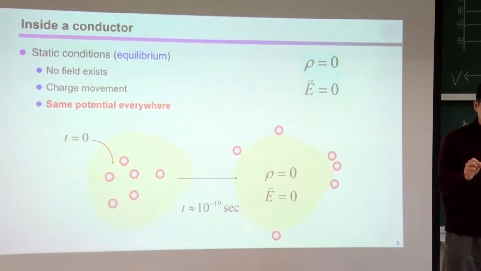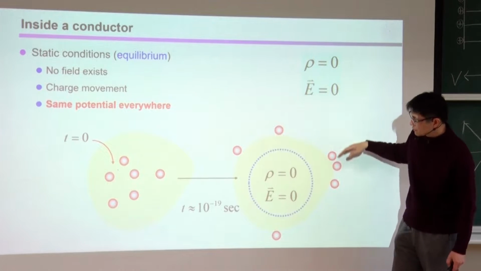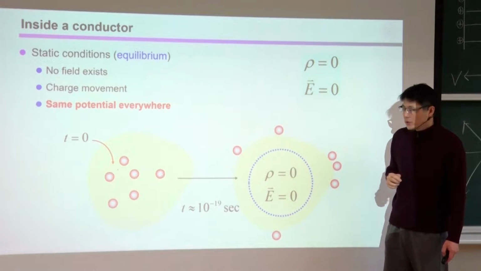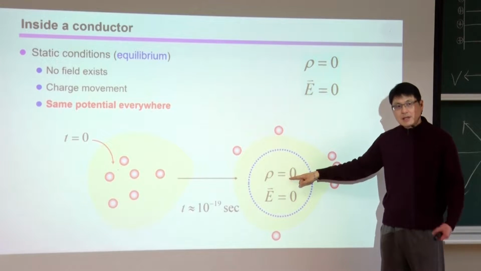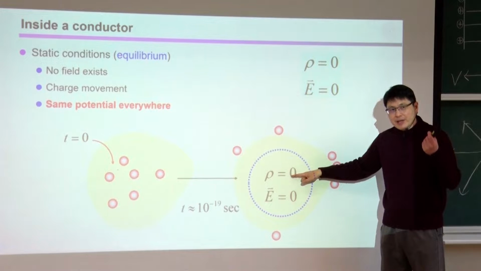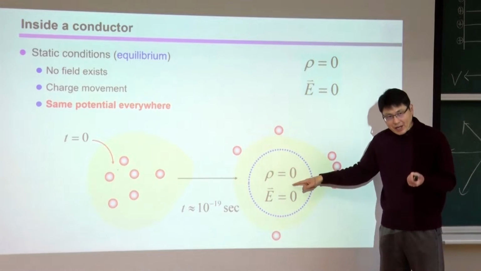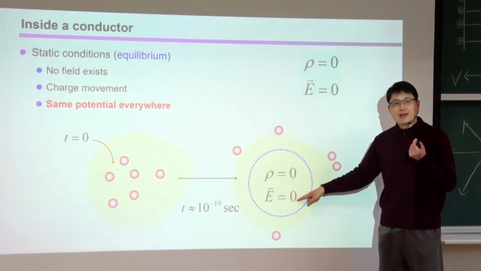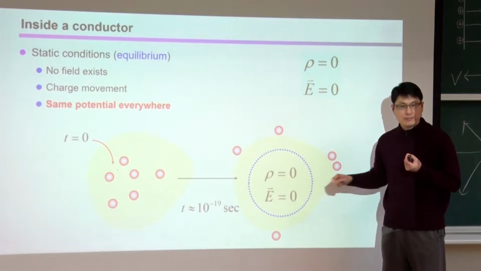So that inside the metal, you still don't have charge density. And if you don't have charge density, by Gauss's law, you cannot have electric field intensity distribution.